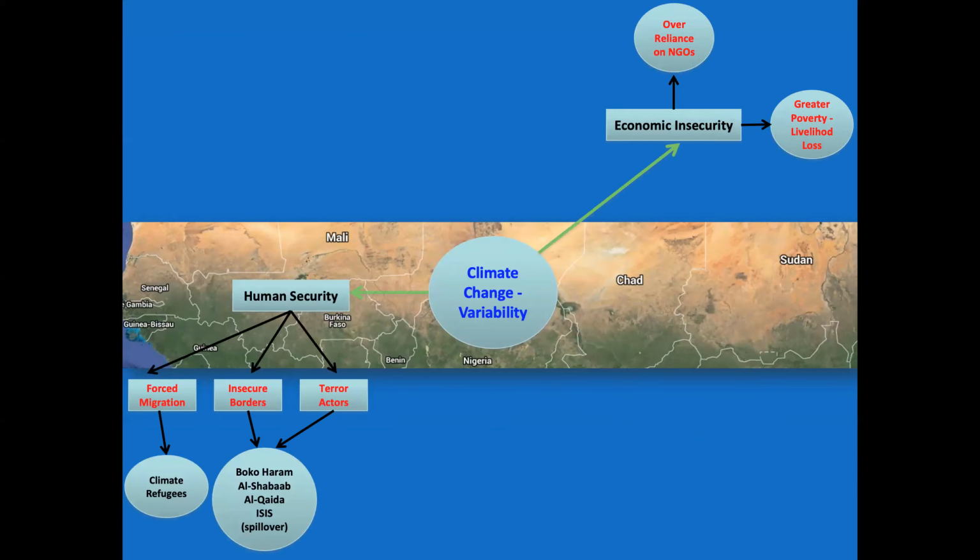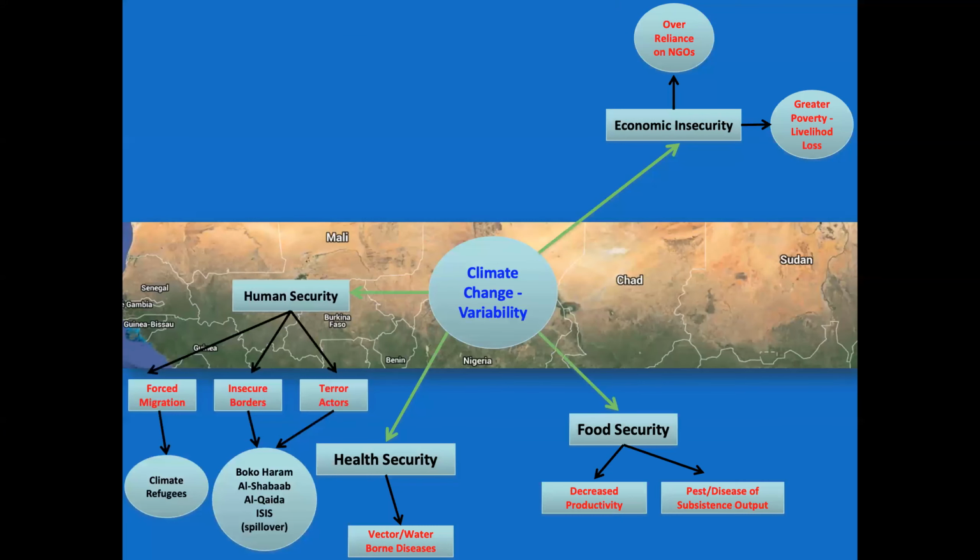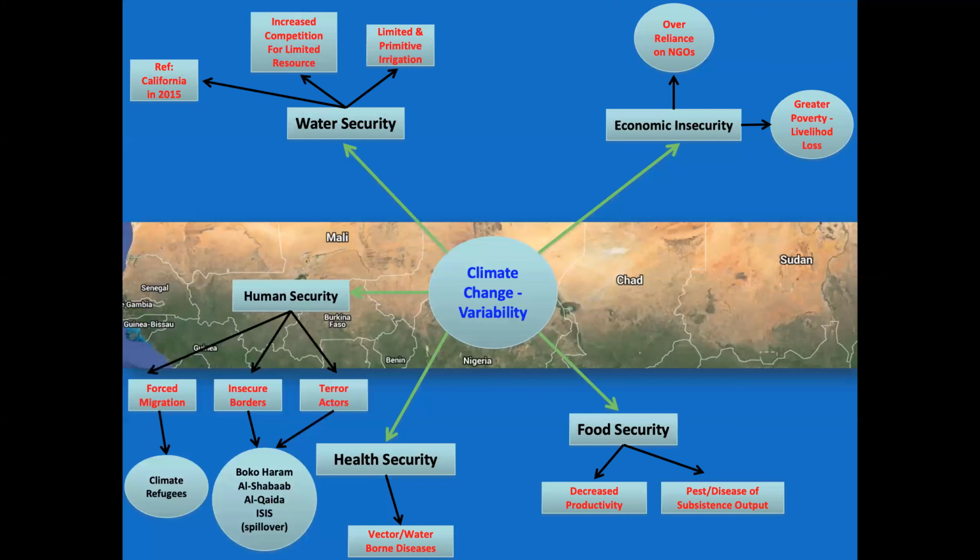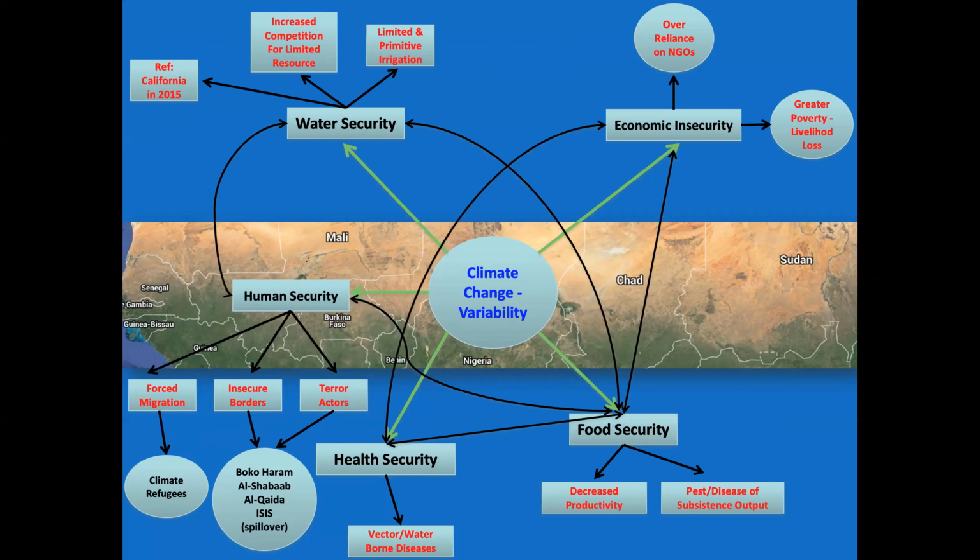It can lead to economic insecurity, the reliance or over-reliance on things like Doctors Without Borders, the UN, and UNICEF, health, disease vectors, food security, and water security. So these are all connected to one another in some way.